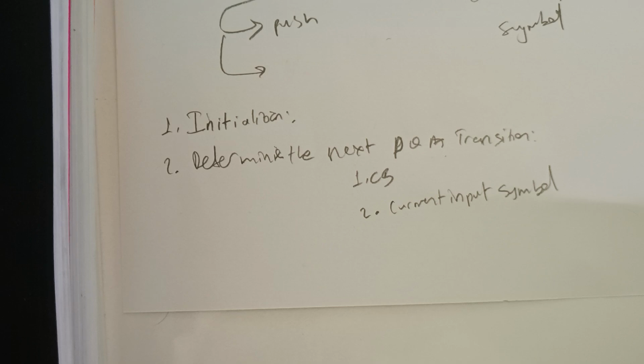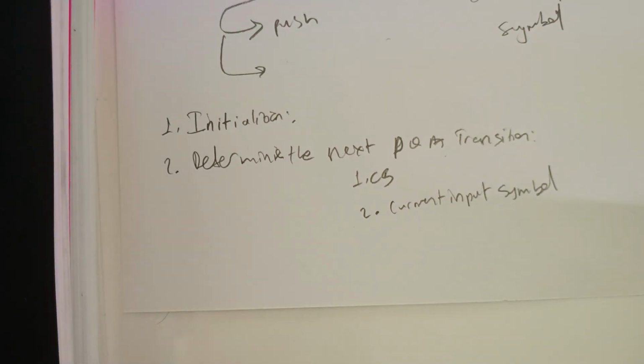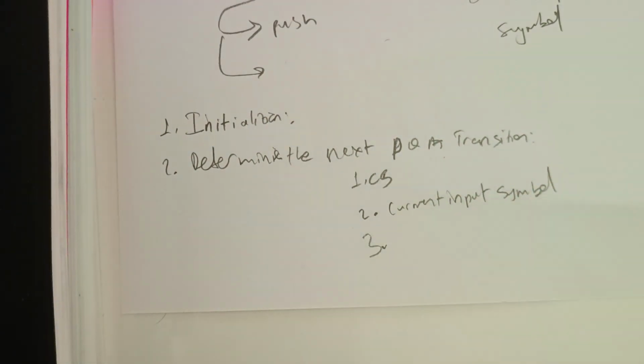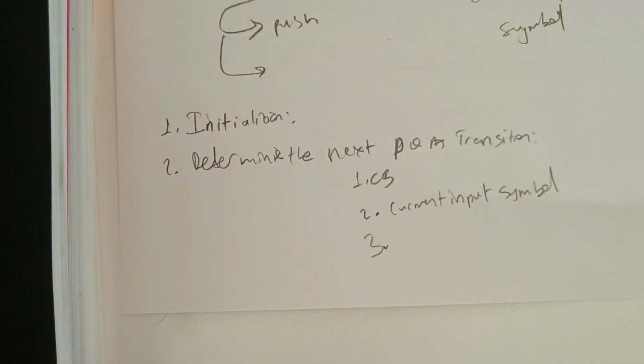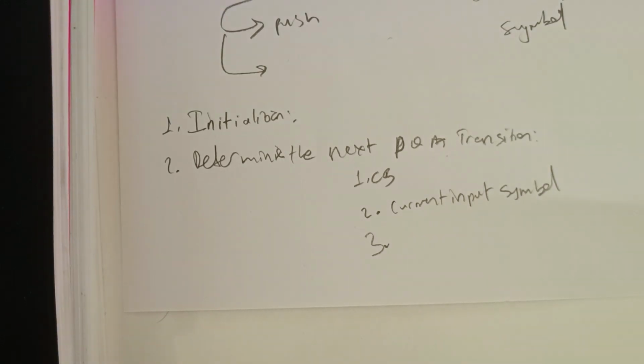The third one is the symbol at the right end of the queue. Okay. From this, let's look up the appropriate deterministic queue transition: what symbols to push, if any, whether to pull, the new state, and whether to move the input.